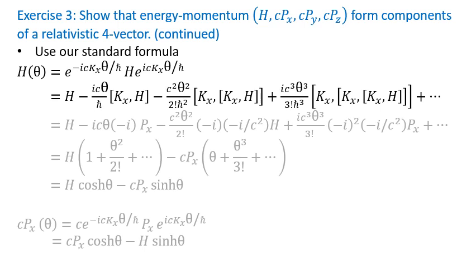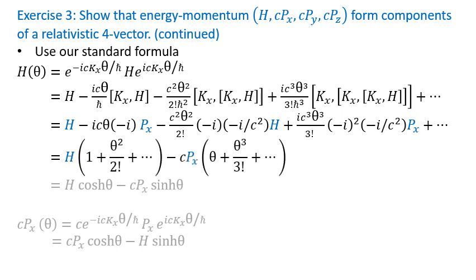First, consider transformation of energy. Substituting the above commutators into our standard formula, we'll see that the series has only two types of terms, those proportional to h and those proportional to px.